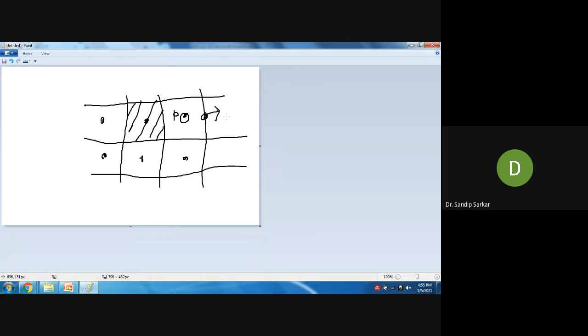So it will be x directional velocity u at the face, and y directional velocity will be v. Your indices will be p i j, u will be u i plus half j, and v will be v i j plus half.